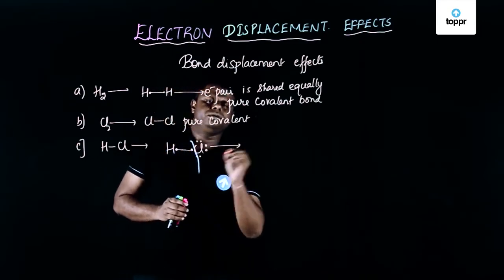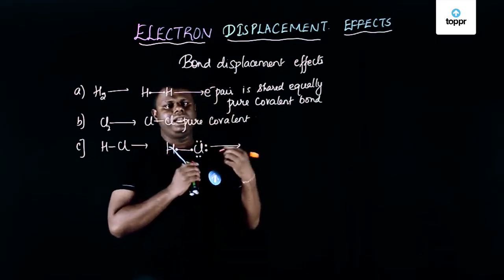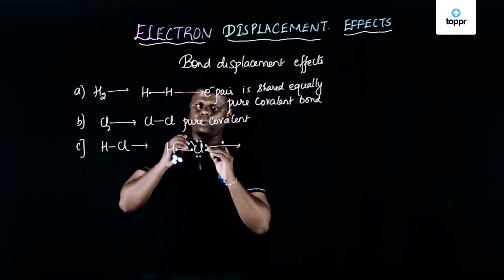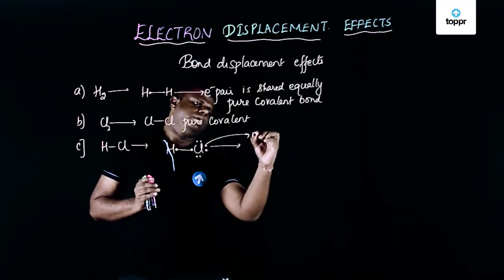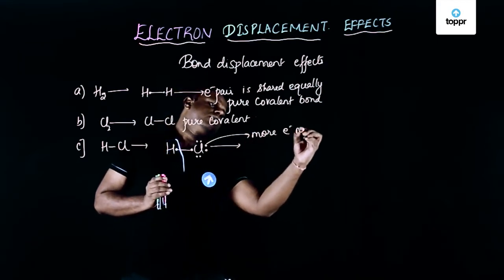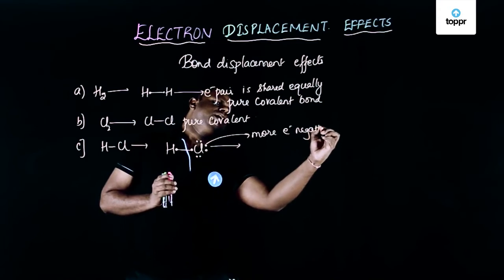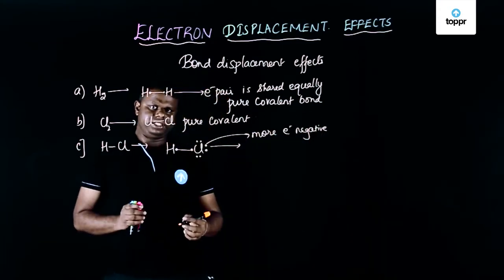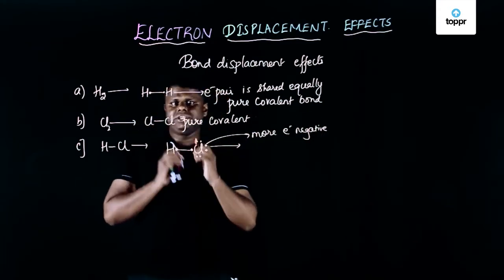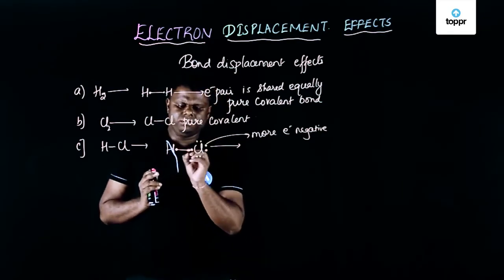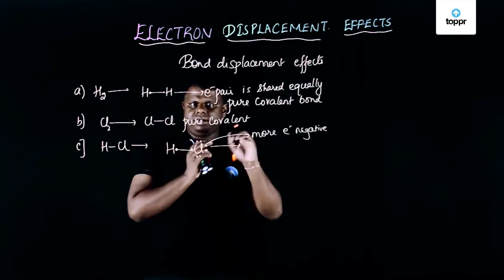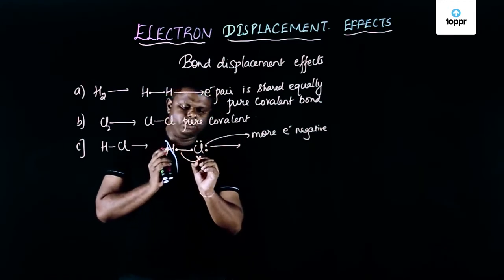Now, you know that chlorine is more electronegative because it needs just 1 electron to complete its octet. So, it will have the tendency to pull the electron pair towards itself. This would result in the formation of a dipole, wherein the electrons from hydrogen will be slightly displaced towards chlorine.